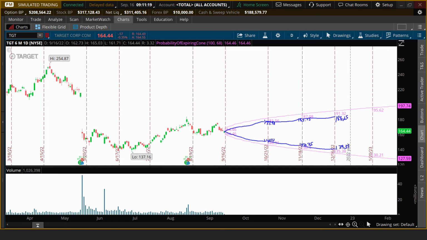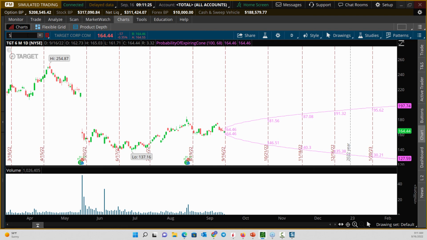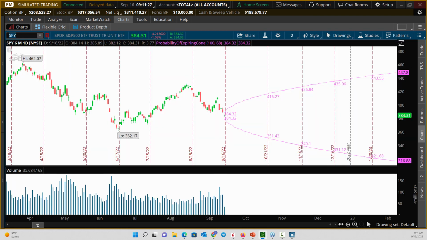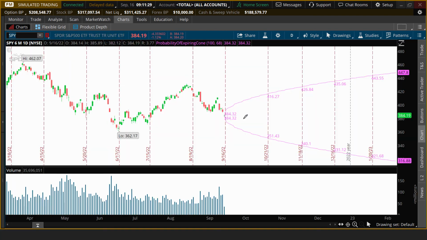And what you'll actually notice is that regardless of what stock you pull up, most of them, if you were to go out and calculate the at-the-money straddle for the options, like I'll choose SPY here, the S&P 500 ETF, what would the probability cone look like for the option prices? It would be something like this. It'll be just kind of inside that, just a little bit.